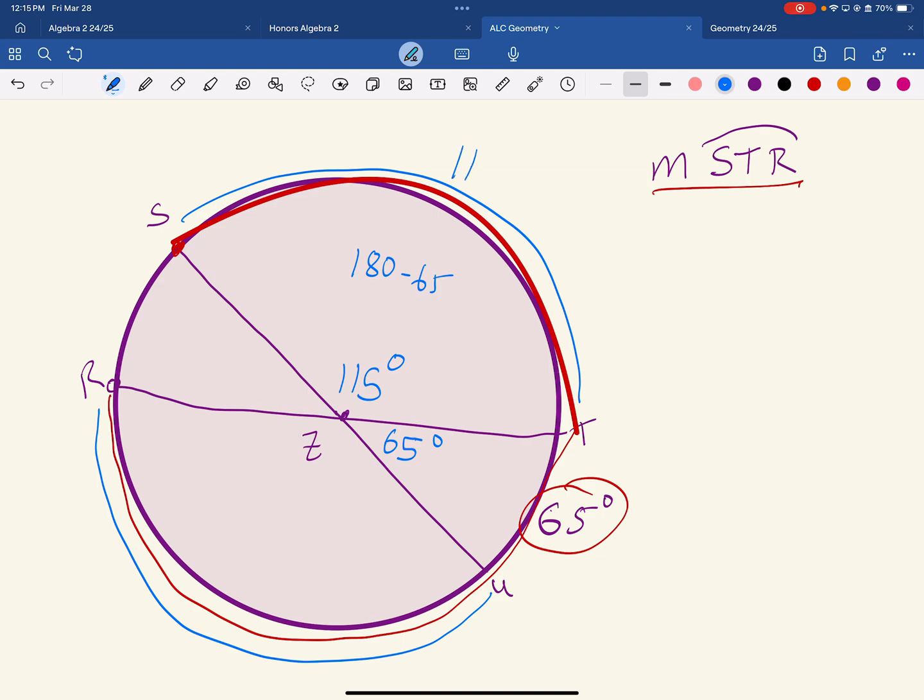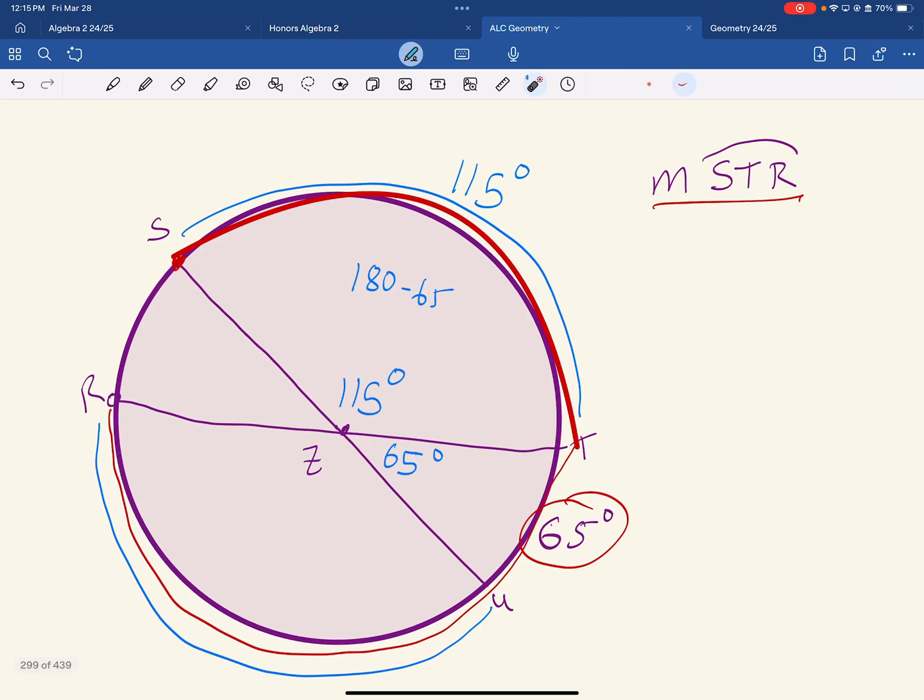So if that's 115 degrees, that's 115 degrees as well. Now, we could do the same thing with these two angles here and here, right? They have to add up to 180 because they create RT, but we already know it's 115.